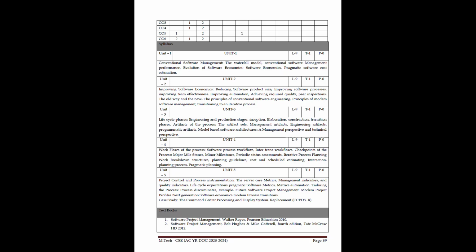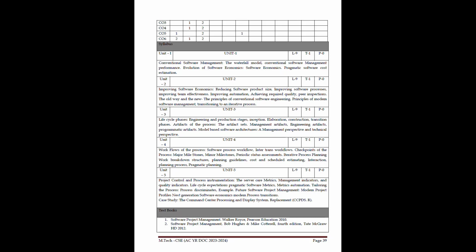When it comes to the last, Unit 5, which deals with project control and process instrumentation, in which the 7 core metrics, you have to learn about management indicators and quality indicators, lifecycle expectations, pragmatic software metrics, metrics automation, tailoring the process, discriminators, example, future software project management, modern project profile, next generation software economics, and modern process transitions.